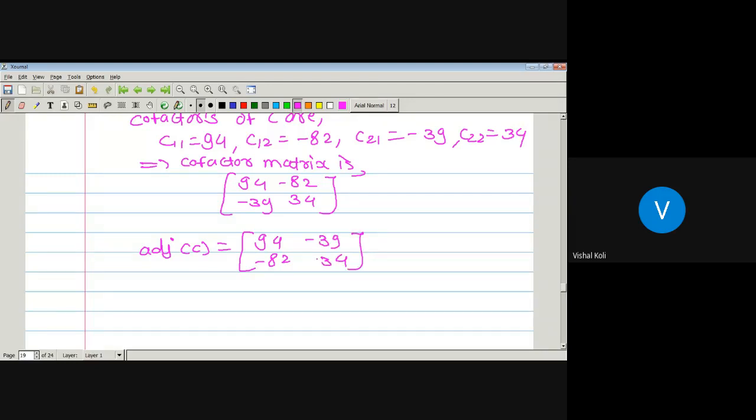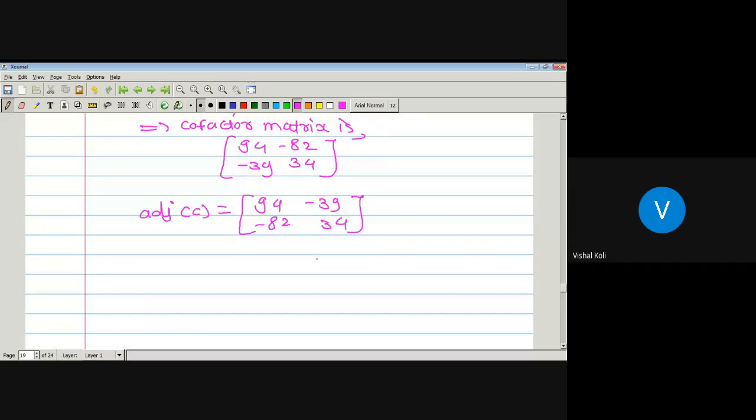So the transpose becomes 94, minus 82, minus 39, 34. Okay, now it remains to find its inverse. C inverse is equal to 1 upon determinant of C into adjoint of matrix C, which is 1 upon minus 2 into its adjoint, 94, minus 39, minus 82, 34.